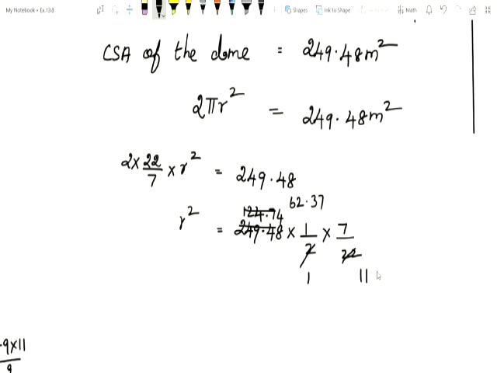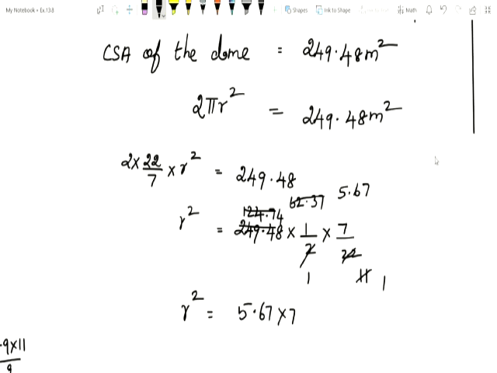Now you divide with the 11 table. 11 ones are 11, 5 11s are 55, remaining 7, 73, 6 11s are 66. Then remaining 7, 77, 7 times. Now r square equal to 5.67 into 7.